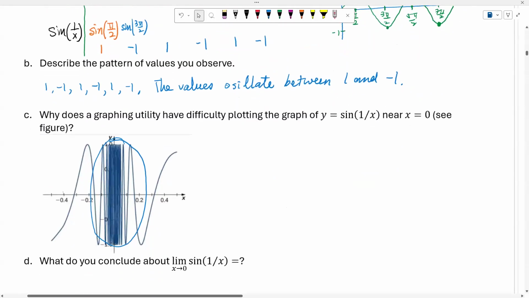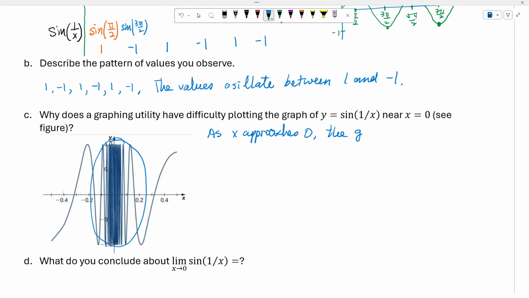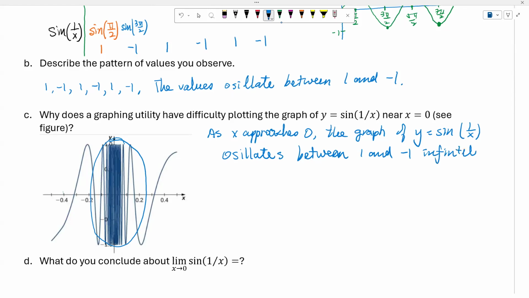In this case, as x approaches 0, the graph of y equal to sine of 1 over x oscillates between 1 and -1 infinitely.